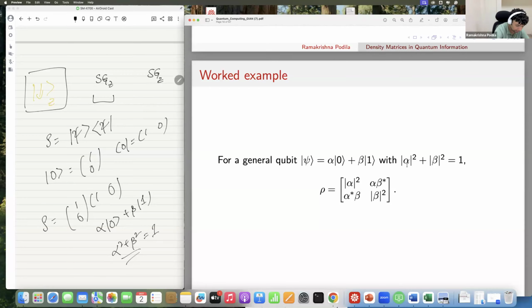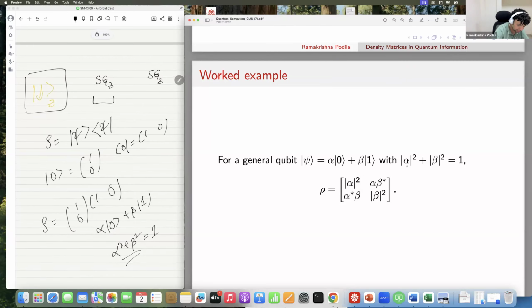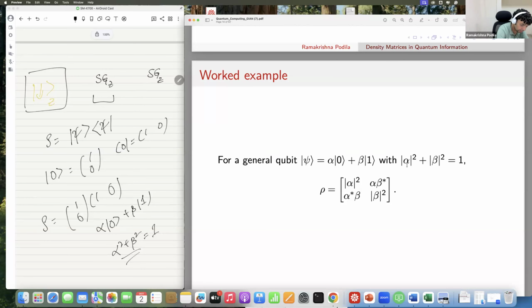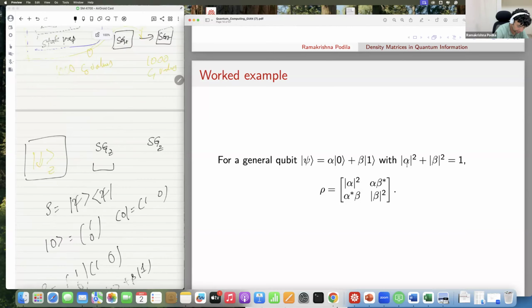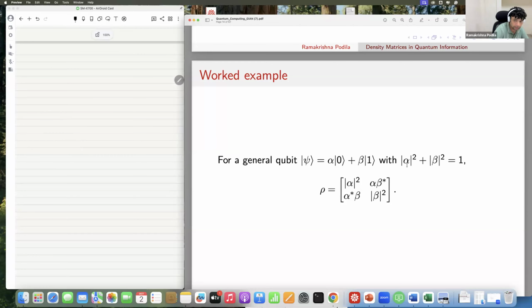If I want to explicitly write this, I could write psi as alpha (1, 0) plus beta (0, 1), which is the same thing as the column vector (alpha, beta). To calculate rho, the density matrix, I would do psi and the bra, so that would be (alpha, beta) times (alpha star, beta star).